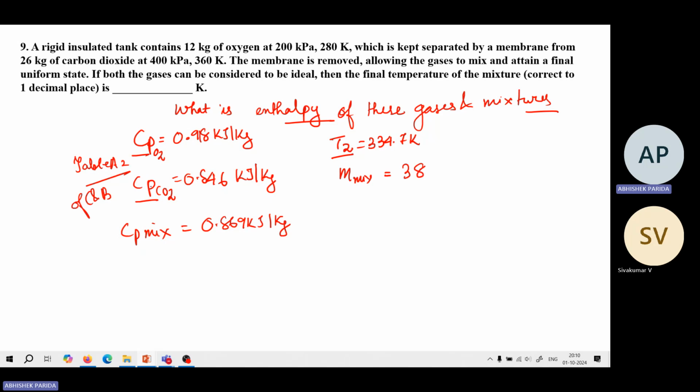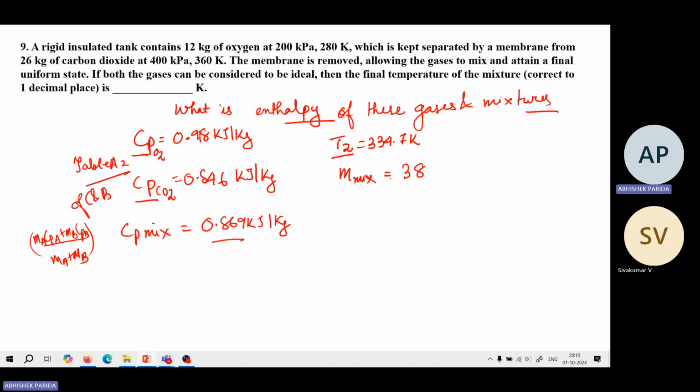After getting all these values, Cp mixture you can calculate by doing the mass average, mA CpA plus mB CpB by mA plus mB. Once you do both of them, you get 0.869 and you have mass of the mixture as 38.